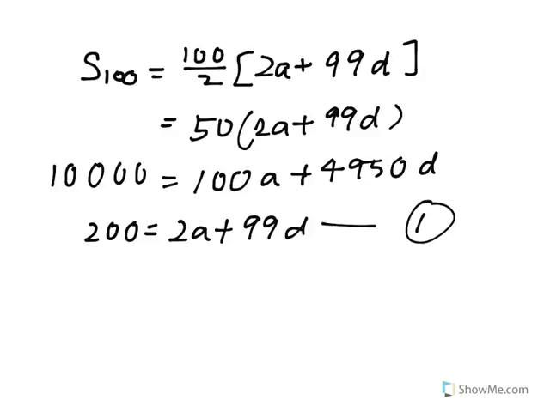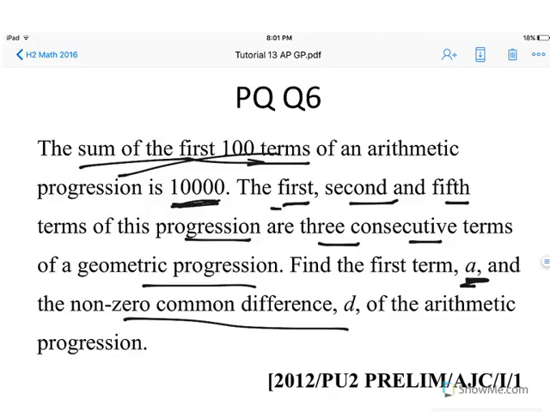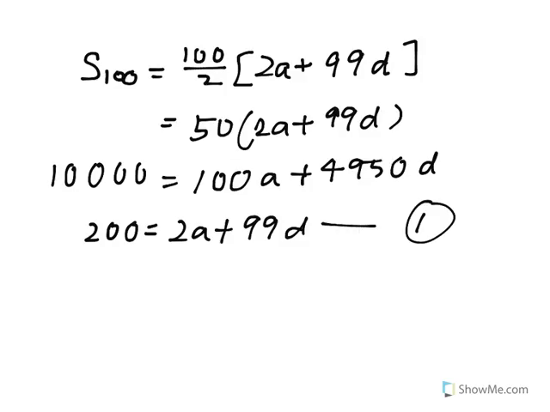In the second equation, it tells us that the first, the second, and the fifth term of this progression are three consecutive terms of a GP. What do I mean by consecutive terms of a GP? Let's take any three consecutive terms of a GP, without loss of generality.